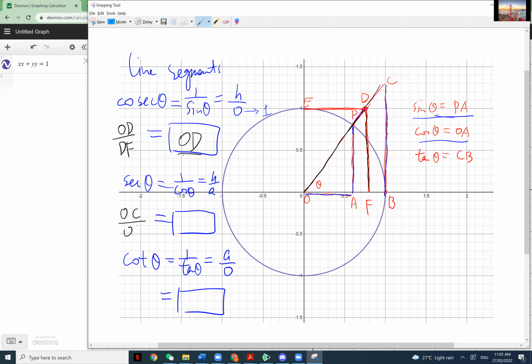OC over OB. Cot, we make opposite 1. OF. DF equals 1. Okay.